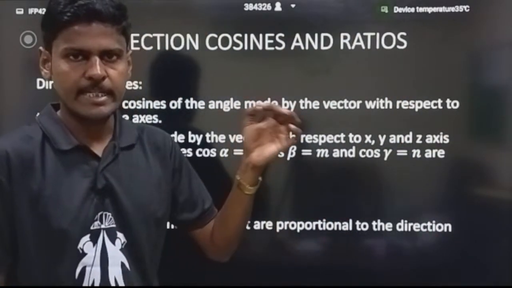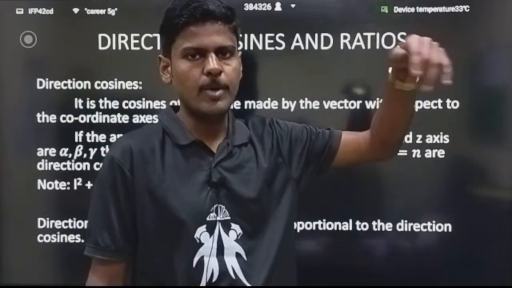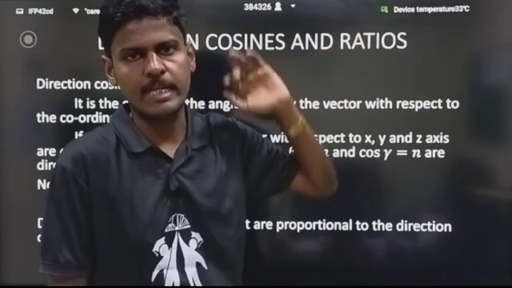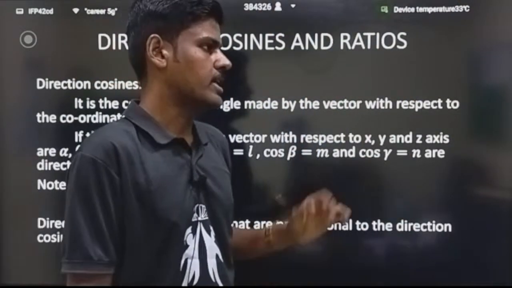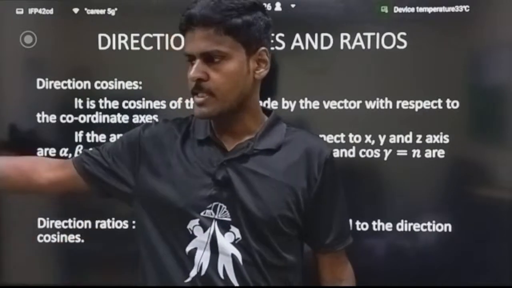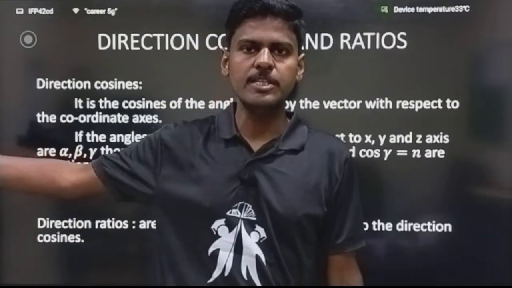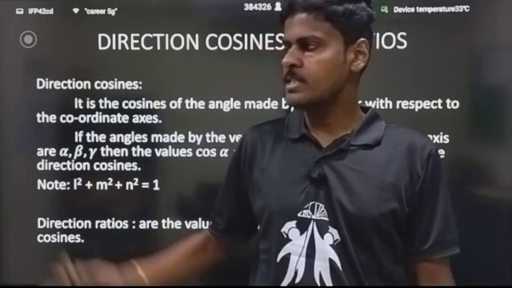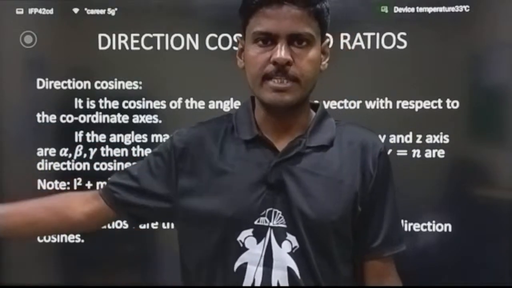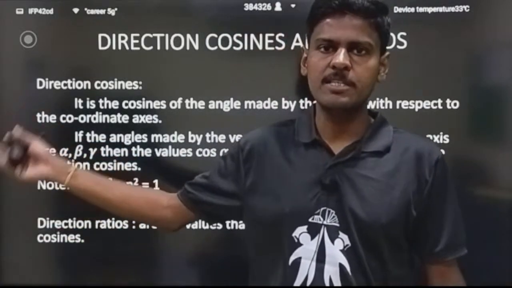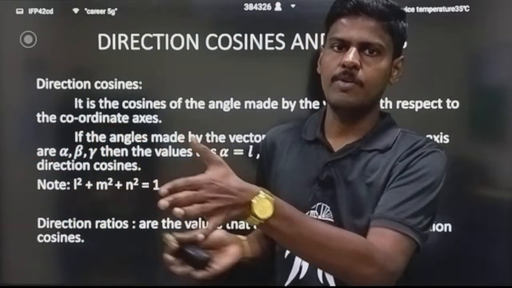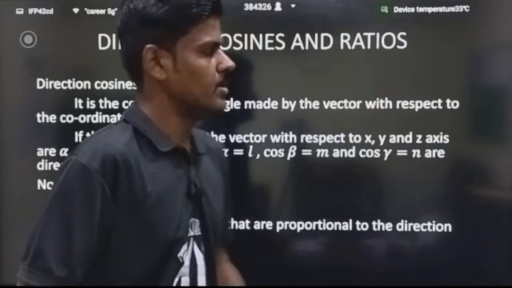Instead, we use the word direction, because a point is located in this direction. So, for example, Ram is east to me. That means he is in the direction of east side, which can be taken as 0 degree or 90 degree based on how we orient our coordinate system.